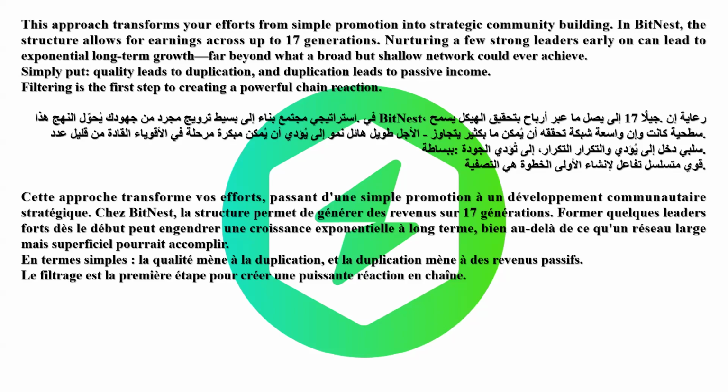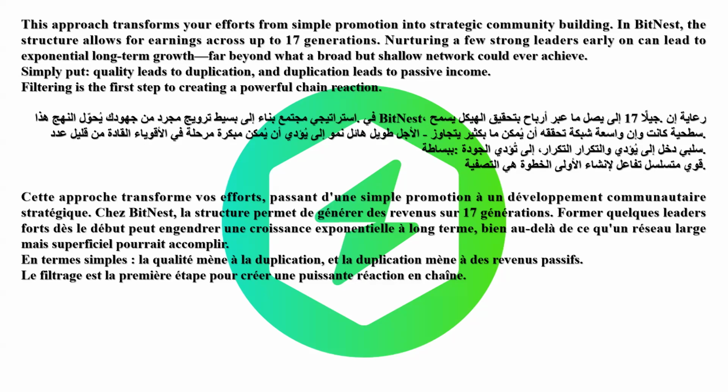In BitNest, the structure allows for earning across up to 17 generations. Nurturing a few strong leaders early on can lead to exponential long-term growth, far beyond what a broad but shallow network could ever achieve.